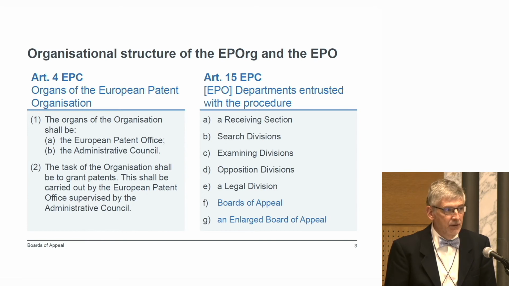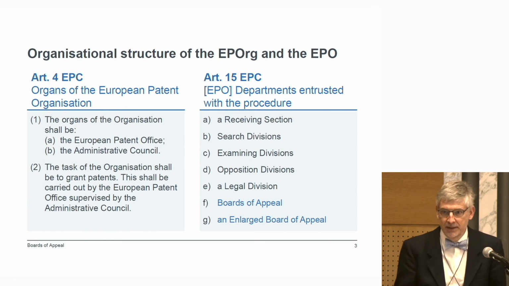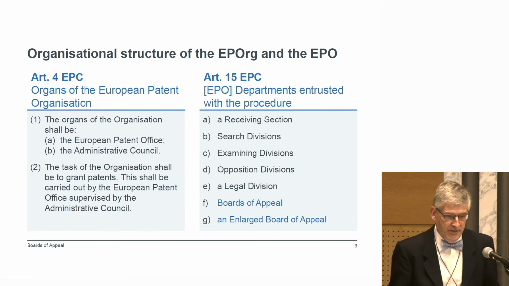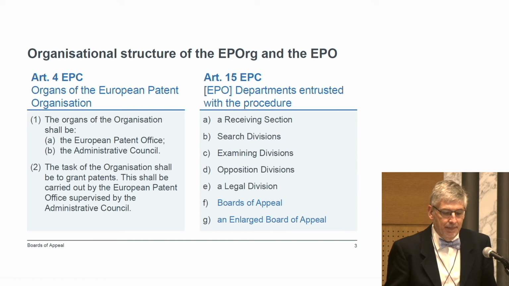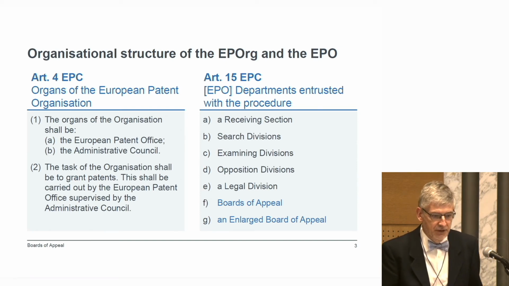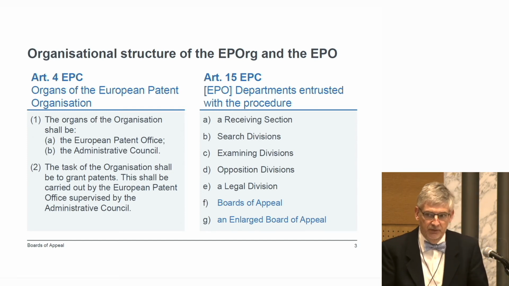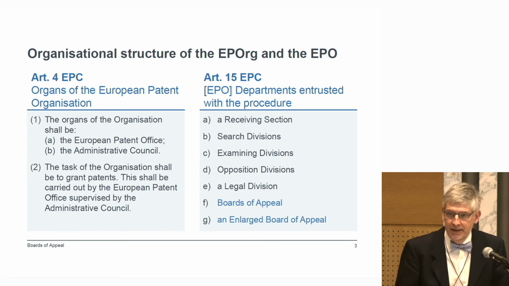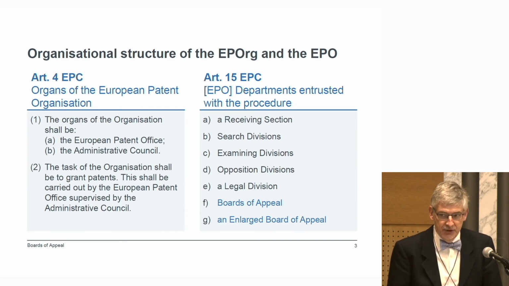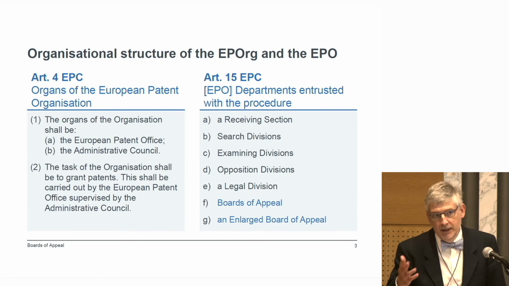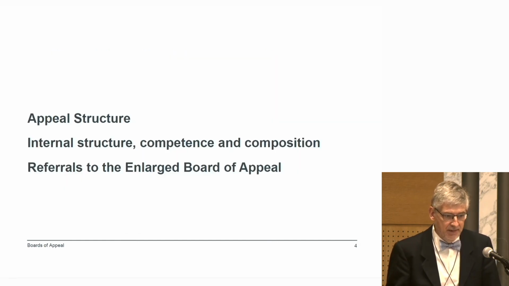The European Patent Office is the one of which the boards of appeal are part of, but they are a bit separate, not completely separate, but they are separate and with a degree of independence. And we are mentioned then also in Article 15 of the European Patent Convention. You see there the litera F and G, the boards of appeal and the enlarged board of appeal, coming after the different sections and divisions of what I call the administrative part of the European Patent Office.